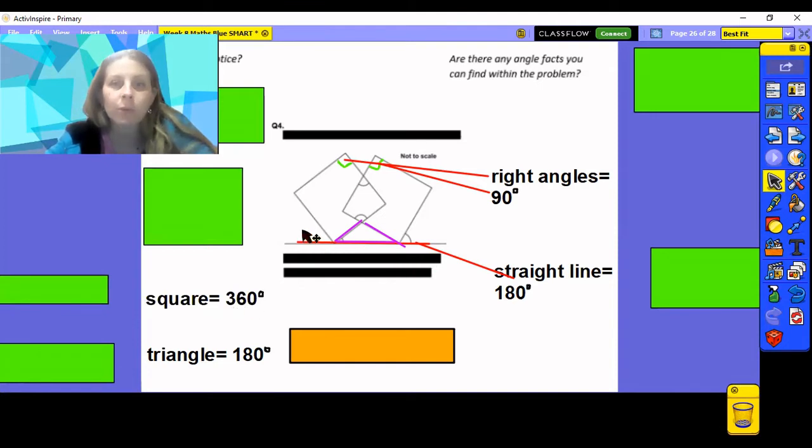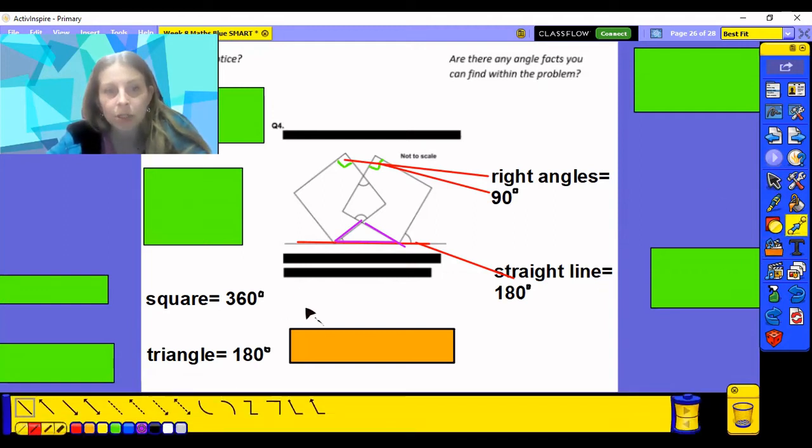We can see that we have some squares. We know that the interior angles of a square total 360 degrees. In fact, any four-sided polygon, any quadrilateral, will have interior angles totalling 360 degrees. Being aware that we've got some overlapping, maybe that fact will be helpful and maybe it won't, but there's something to note down in there.